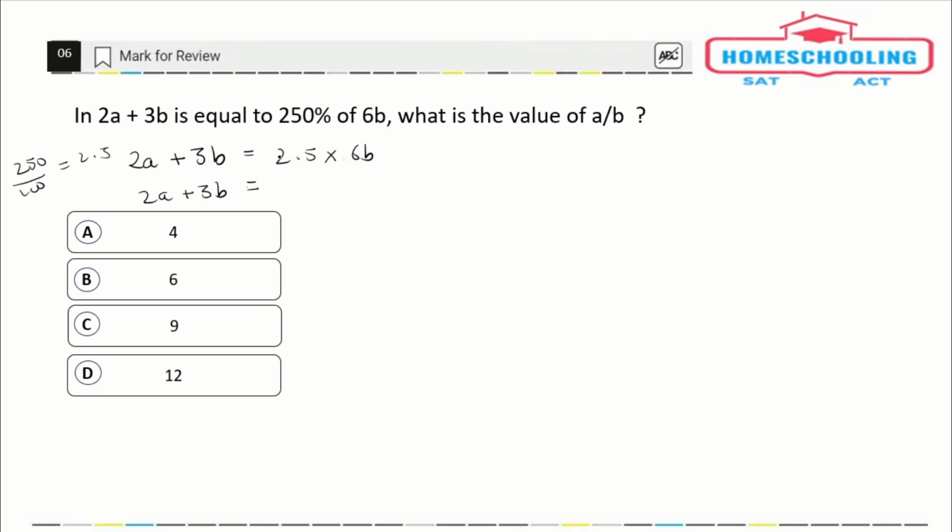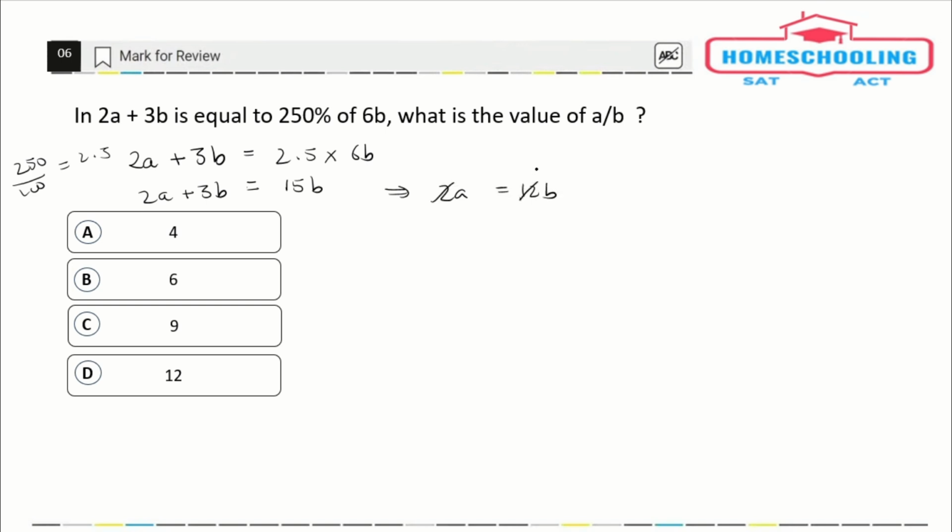So 6 into 2 would be 12, and half of 6 is 3. So 12 plus 3 would be 15b. So now the equation would be 2a, and we will take 3b to that side, that would be equal to 12b.